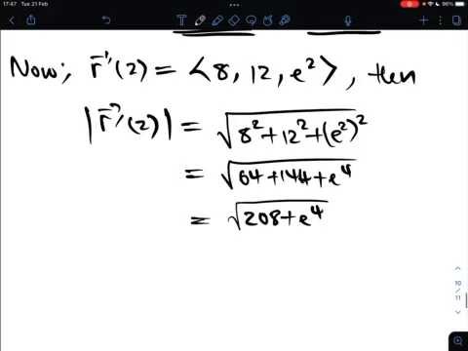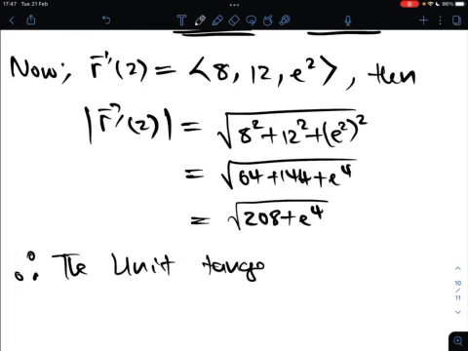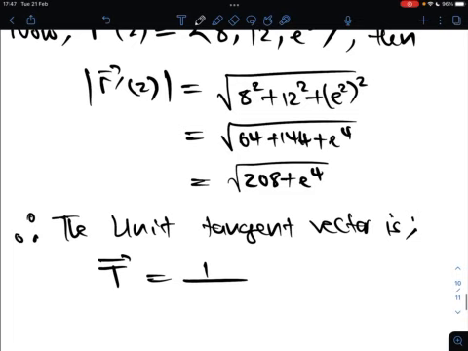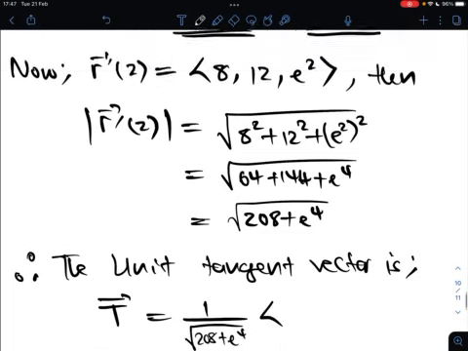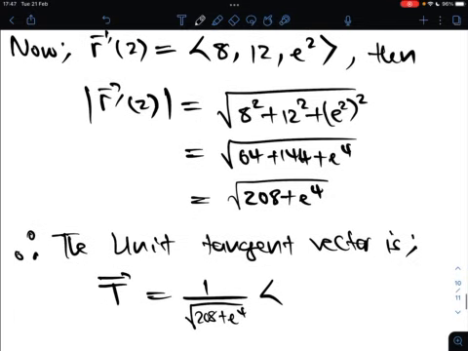So therefore, what is the tangent vector? The unit tangent vector T is equal to 1 over root of (208 plus e to the 4) times the vector (8, 12, e squared).